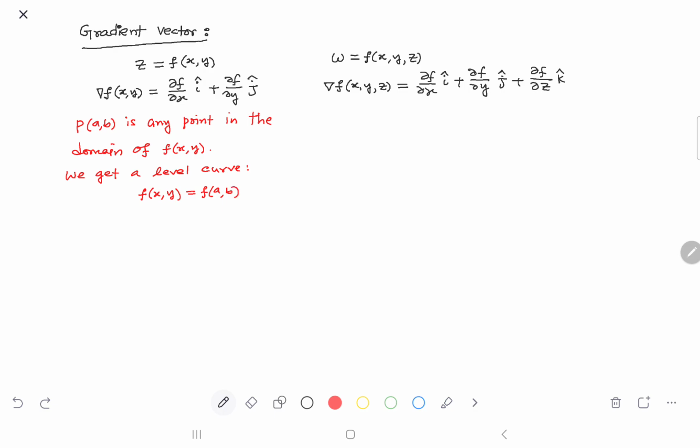F of a comma b is a constant, so we have a curve in the x y plane.